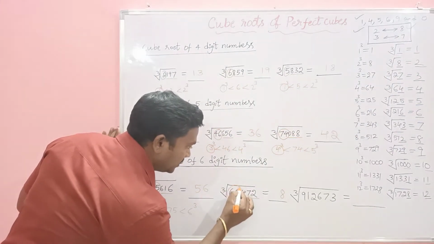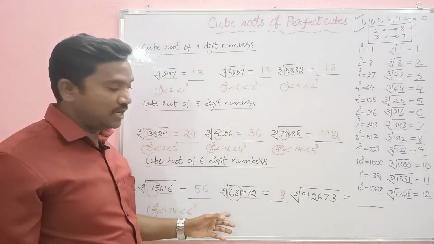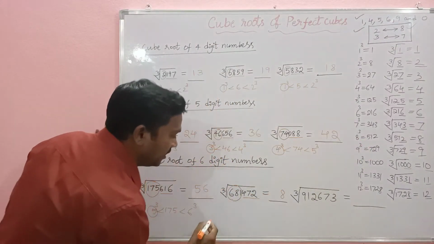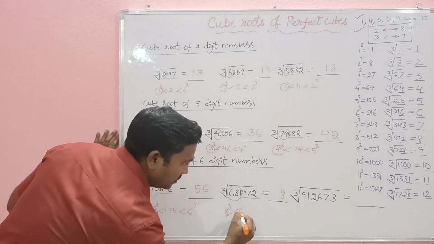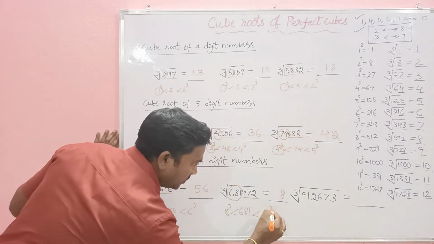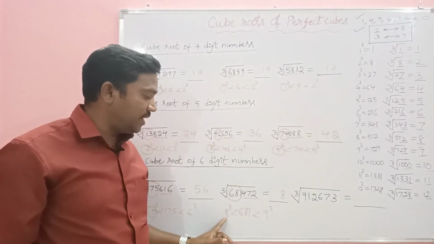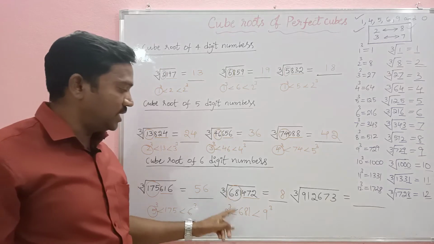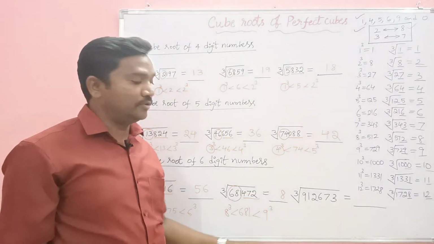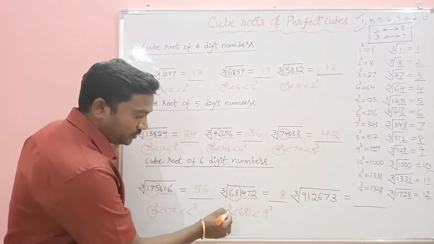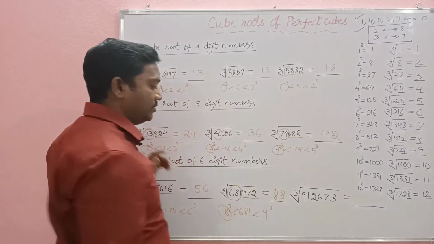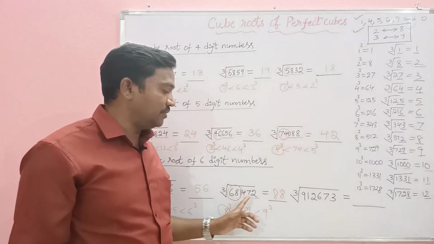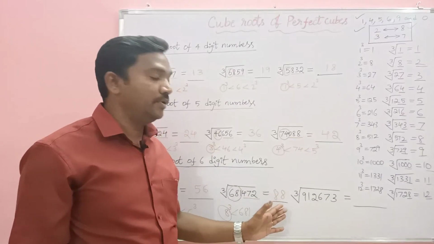Now what about 681, and where does it lie? 681 lies between 8 cube and 9 cube. 8 cube is equal to 512 and 9 cube is equal to 729. So 681 lies between 8 cube and 9 cube. So here you have to take the smallest number. So cube root of 681,472 is equal to 88.